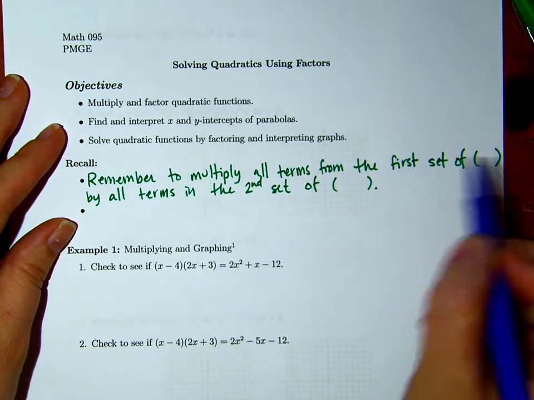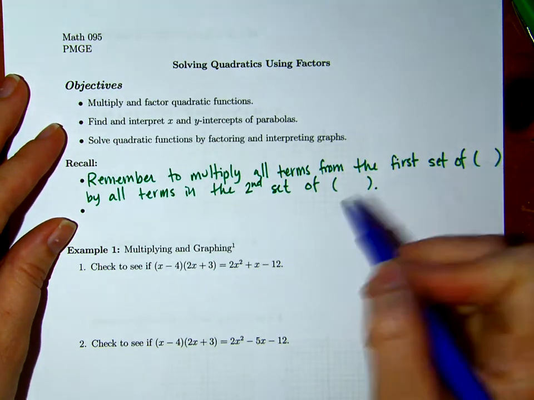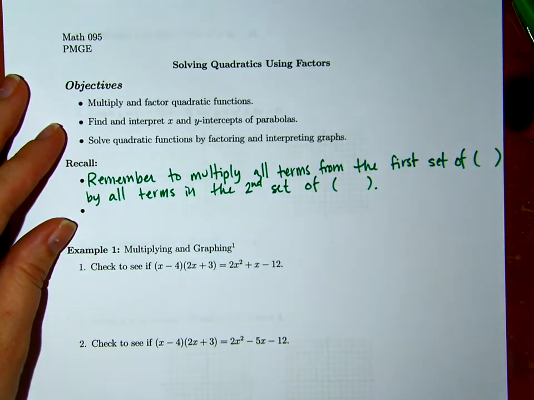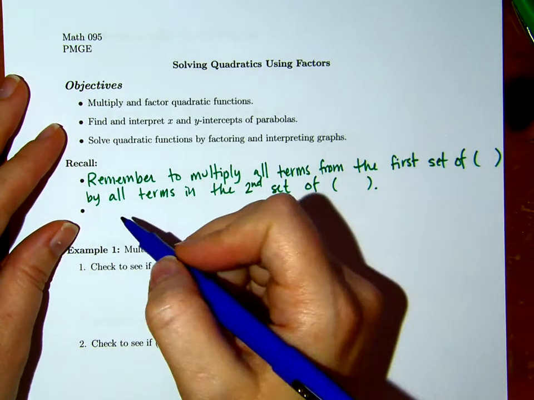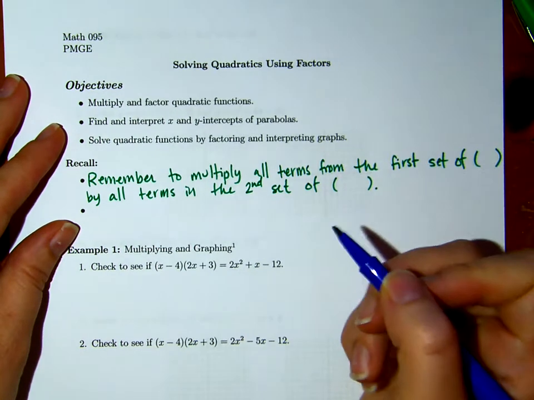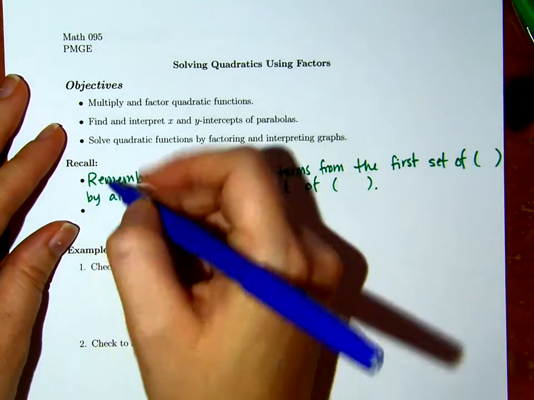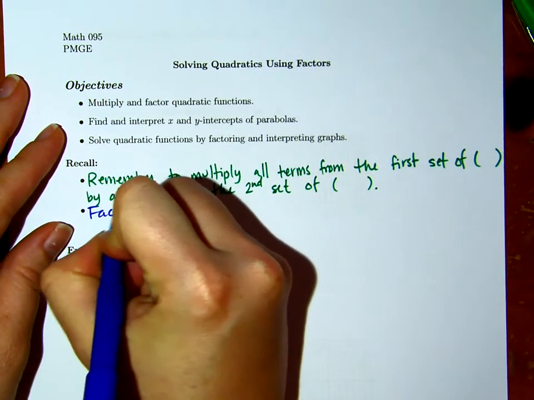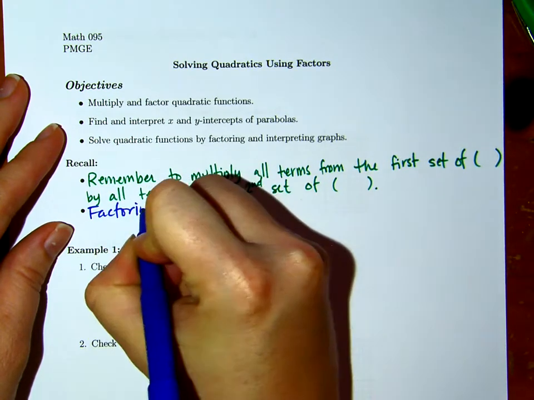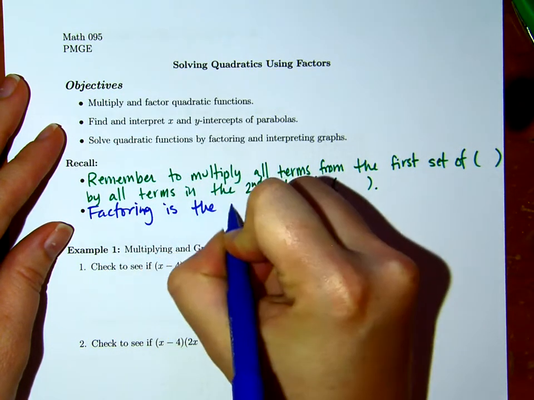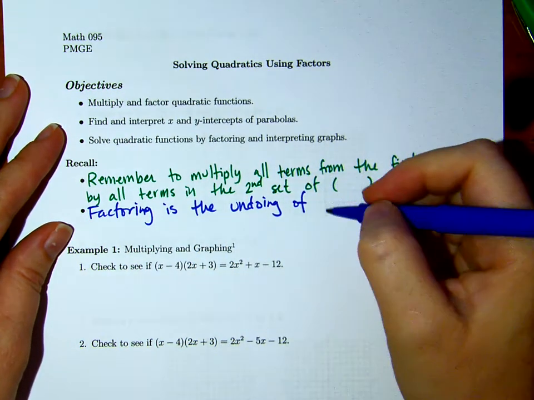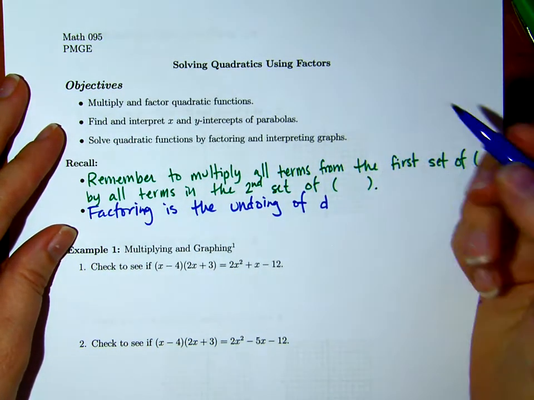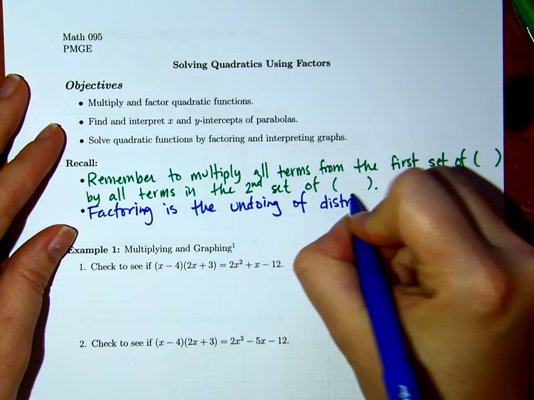The factors were what was in these parentheses that we were multiplying, and factoring is the undoing of distribution so that we have two things being multiplied. So factoring is the undoing of distributing or multiplying.